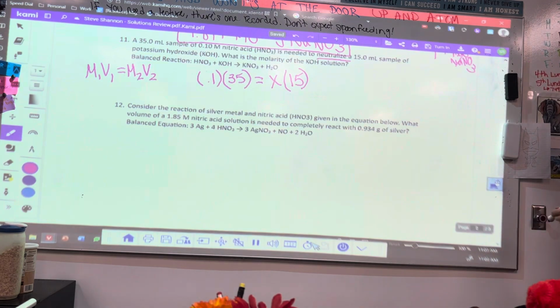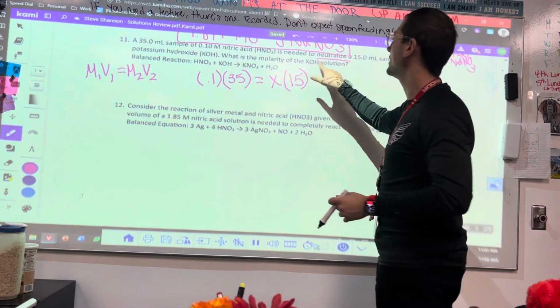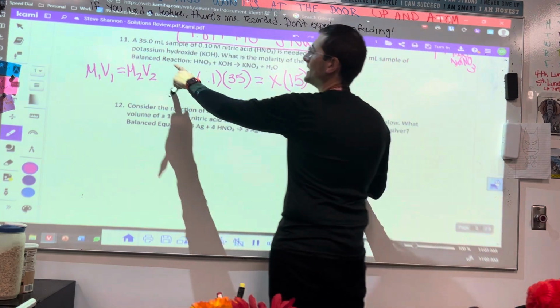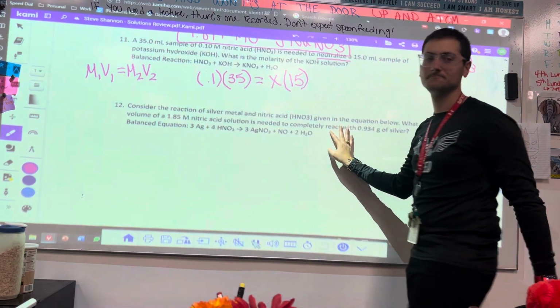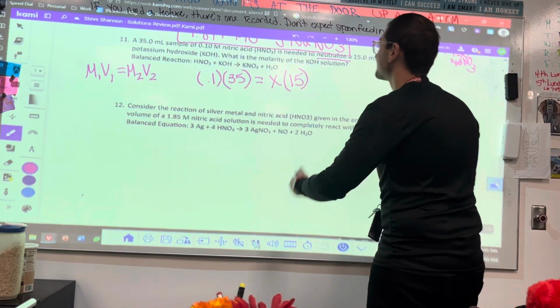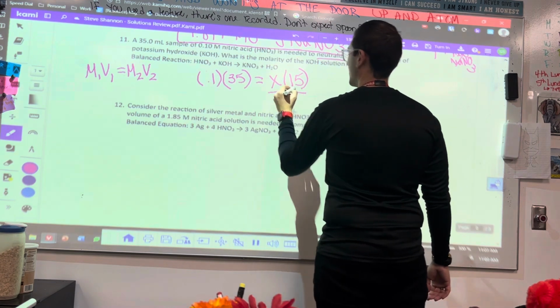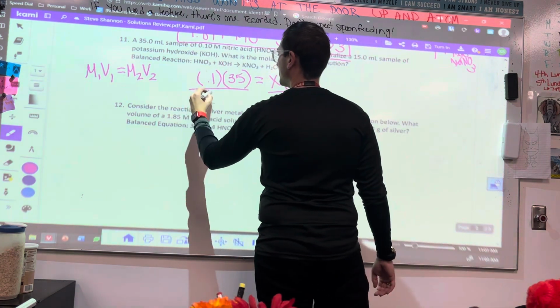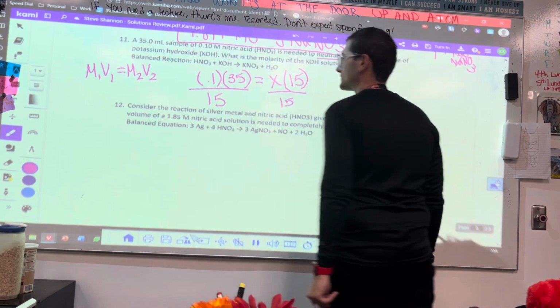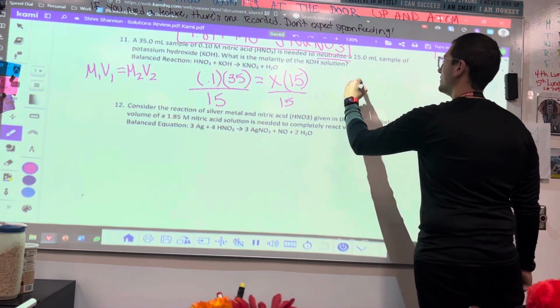Now all I have to do is solve for X, and my answer is going to be the molarity of the KOH solution. I didn't even need this balanced reaction. Tricky. So I divide on both sides by 15. I have 0.1 times 35 over 15.